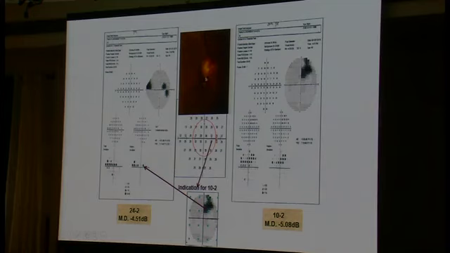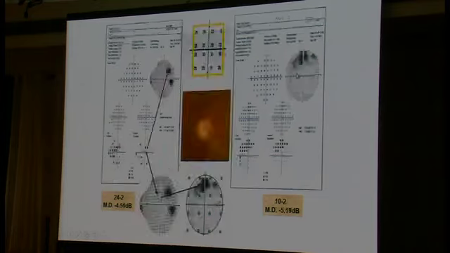Not only detecting the nerve fiber layer defect, you also concentrate on the direction of progression of the defect, and it is almost going to the fovea. That is an indication to go for 10-2, even with a mean deviation of -4, and the 10-2 is showing a localized scotoma here. I will show you a number of cases.